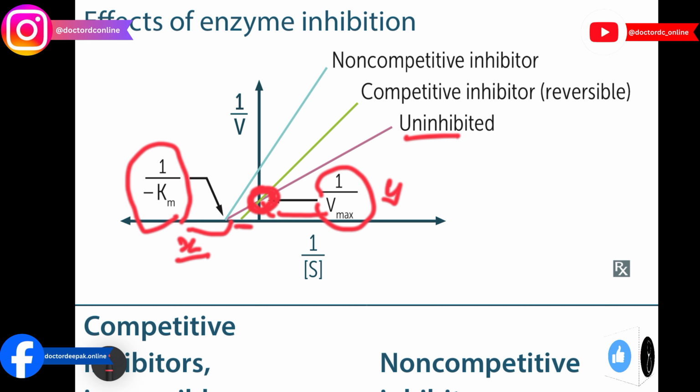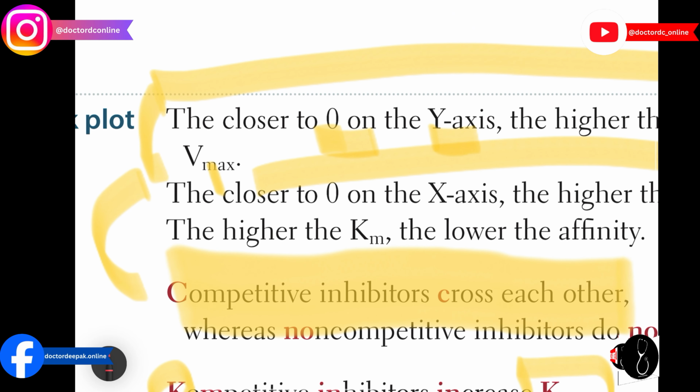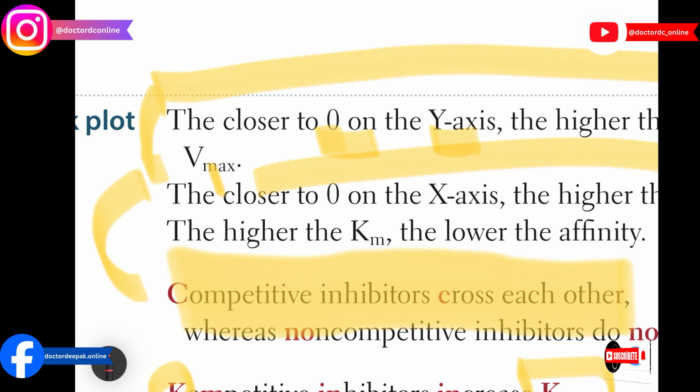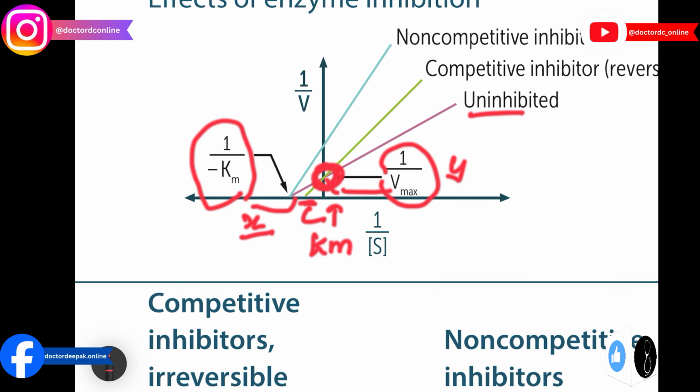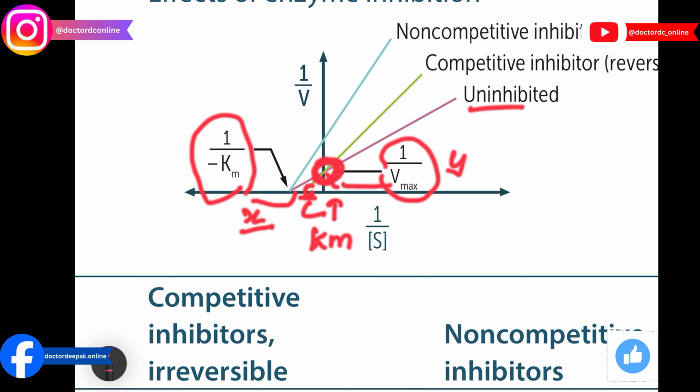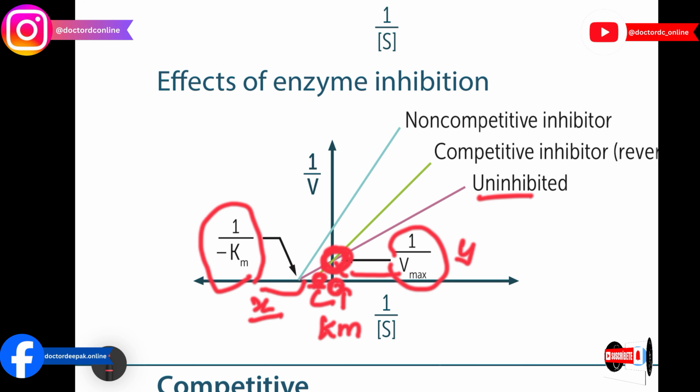But our Km will increase. This line is already saying the same thing: if the lines are closer to the x-axis, they will have a higher Km. And you are noticing that the green line is closer to zero on the x-axis. Fine? And if you add non-competitive inhibitors, their Vmax will be decreased and they have no effect on Km.